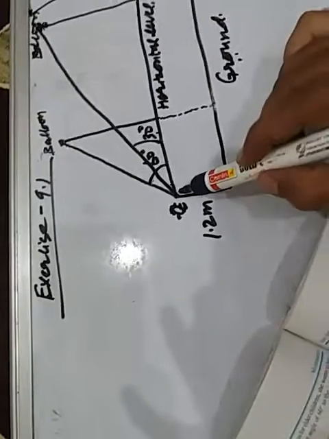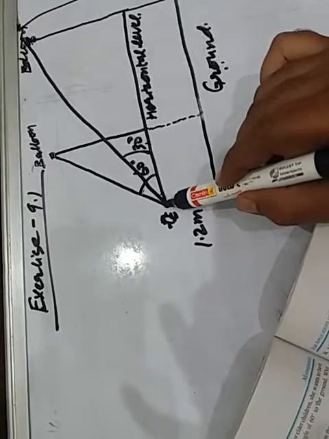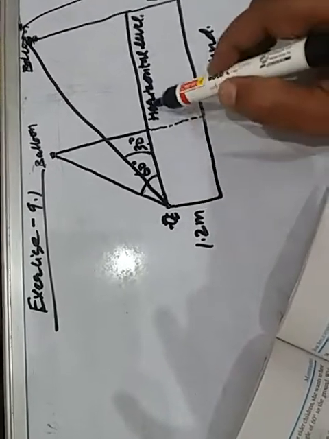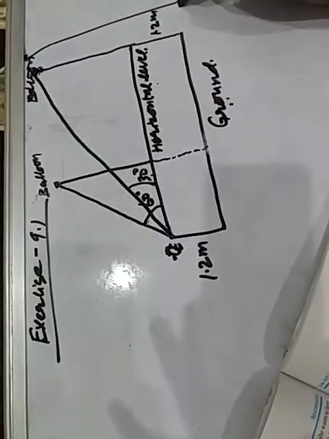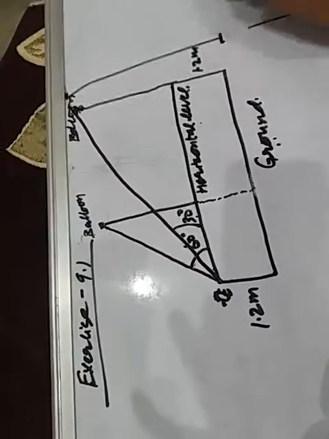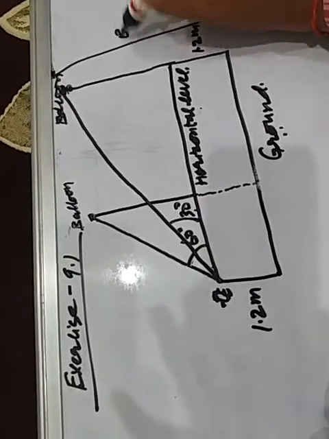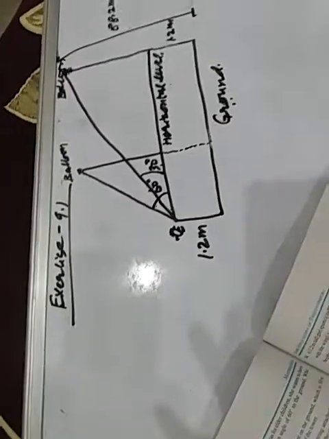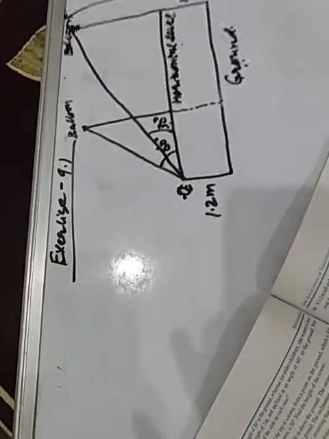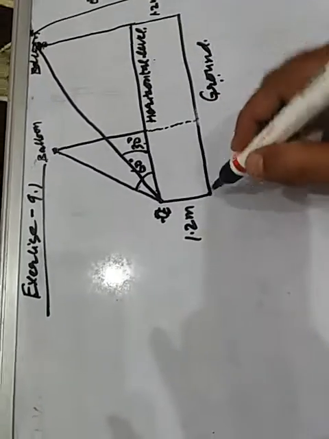Horizontal level means the ray that emerges out of the eye of the observer. But the height of the balloon is given from the ground, that is given to be 88.2 meter. Okay, children?